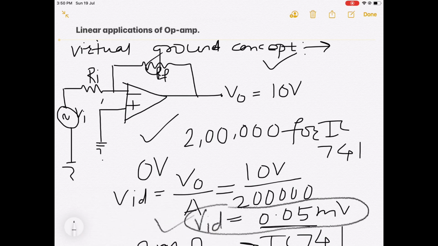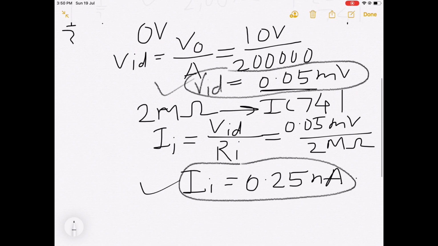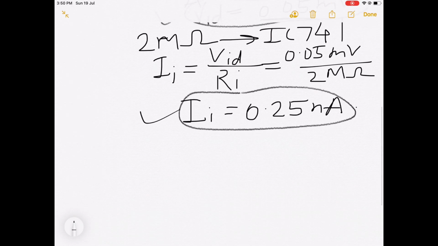Okay. So, this is about virtual ground concept. We will have to use this concept in the linear applications of op-amp.